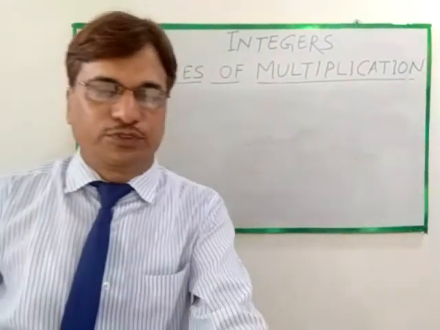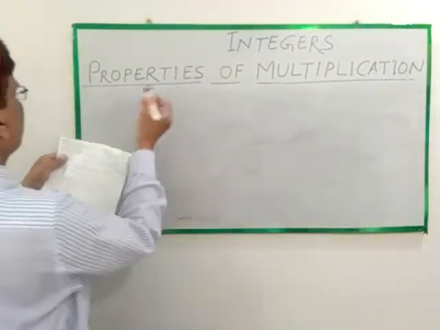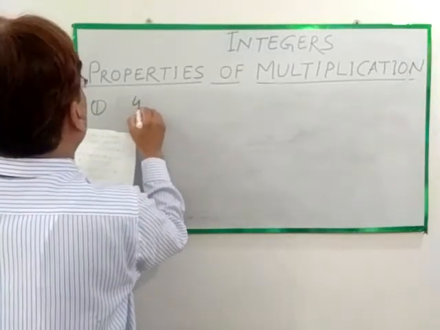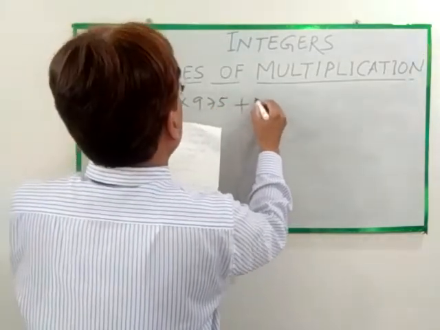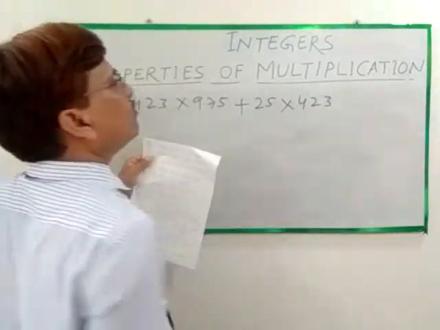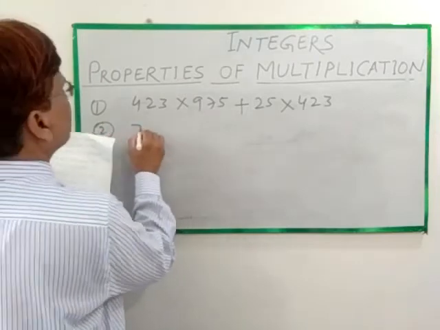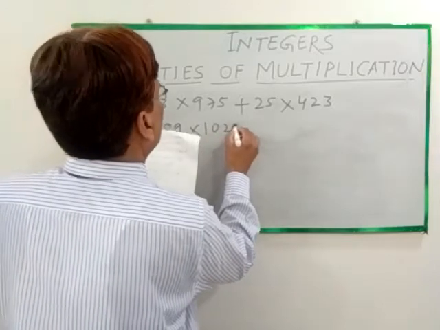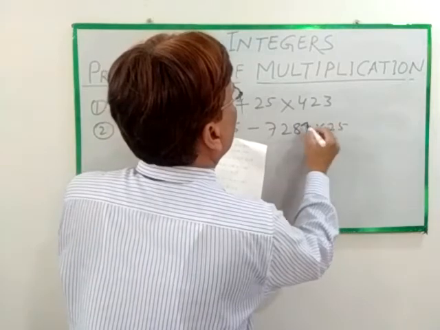Now I am giving you some questions for homework. First, 423 into 975 plus 25 into 423. Second, 7,289 into 1025 minus 7,289 into 25.